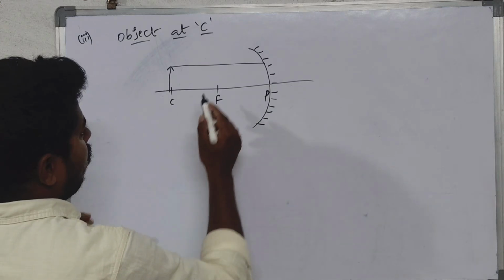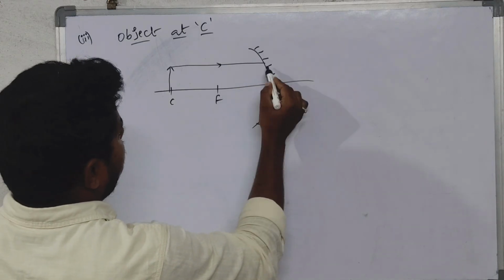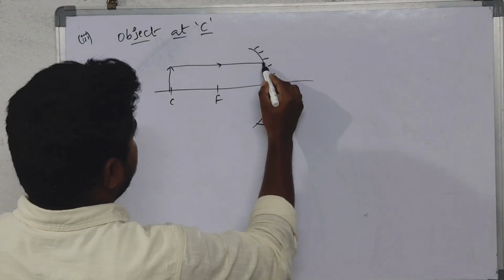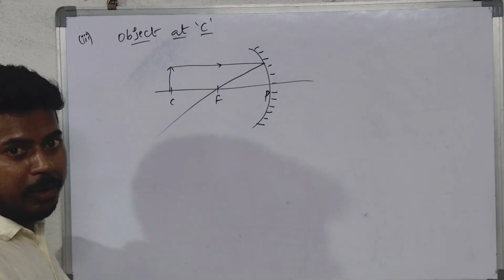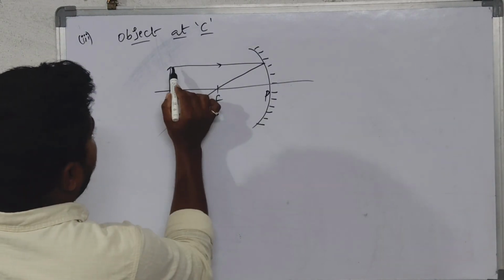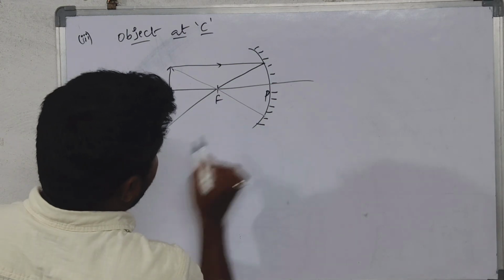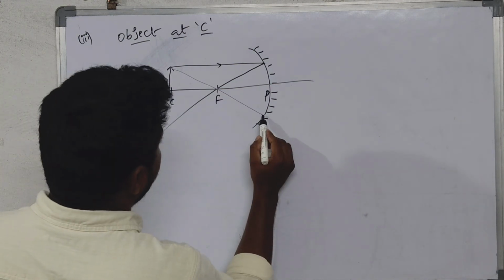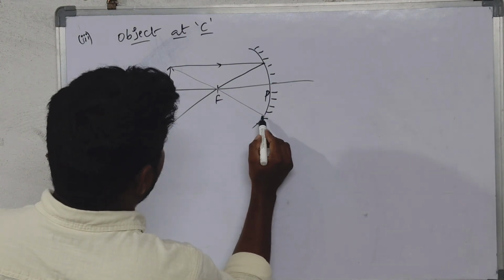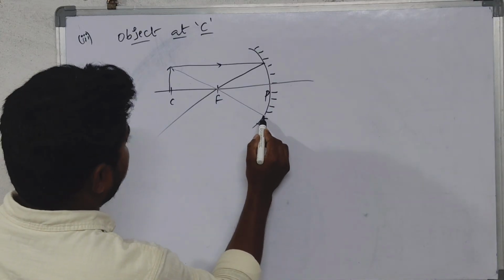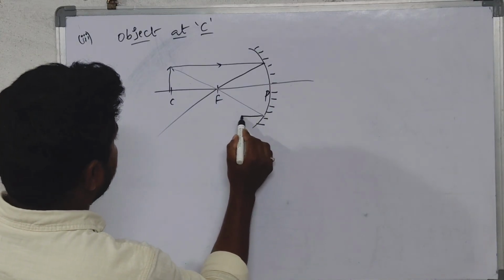The incident ray which is towards the mirror strikes the mirror, and after reflection, the reflected ray passes through the focus. We know this very well. And the second rule is also applicable: the ray passes through the focus, strikes the mirror, and after reflection, the reflected ray becomes parallel to the principal axis.